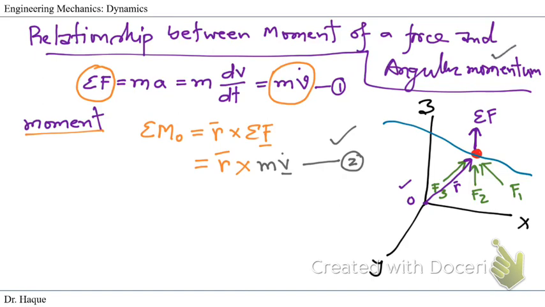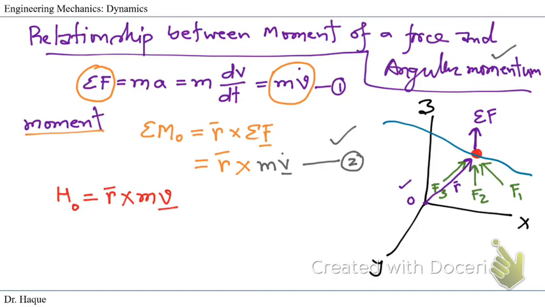let's find out our angular momentum. The angular momentum with respect to the origin O, H naught, is the position vector r cross product with mass and velocity. This is also a vector.